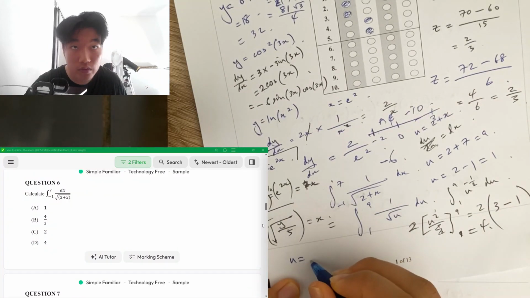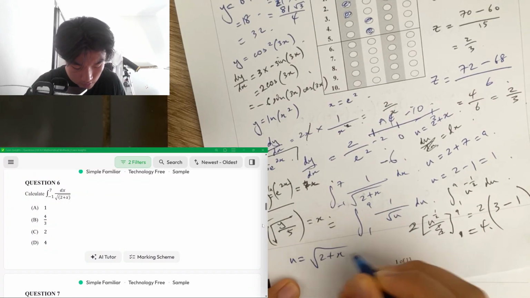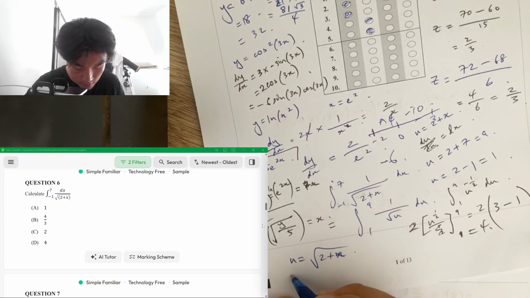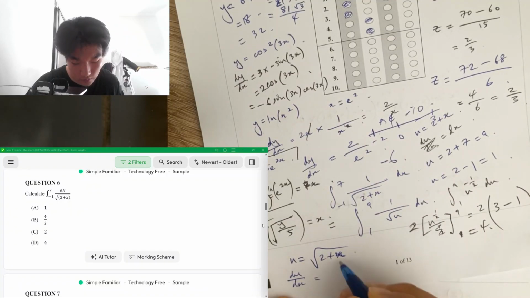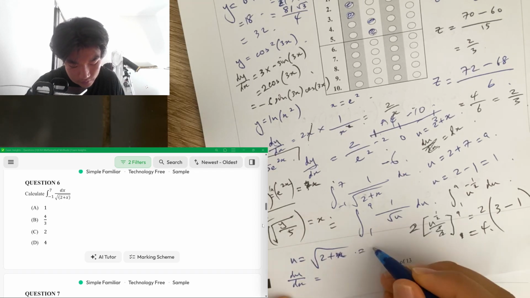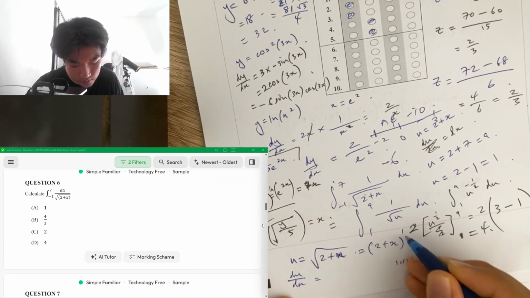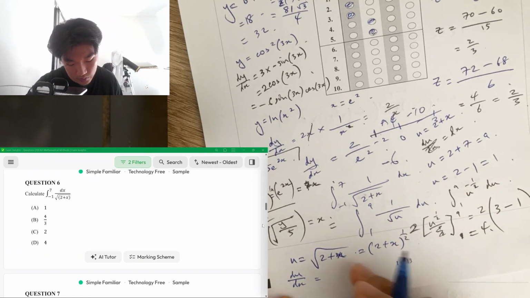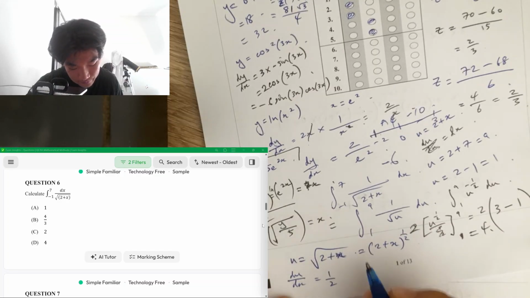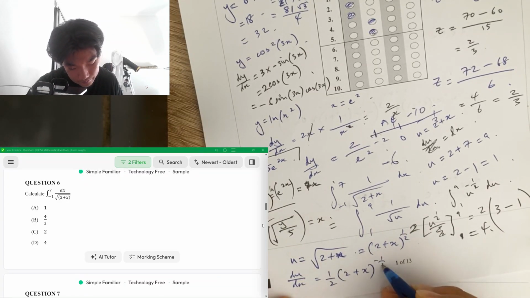If u equals the square root of this, du dx equals the derivative of the inside, which is just 1. Then this is equivalent to raising it to the power of a half. So we put the power at the front, and then we minus 1 from the power.